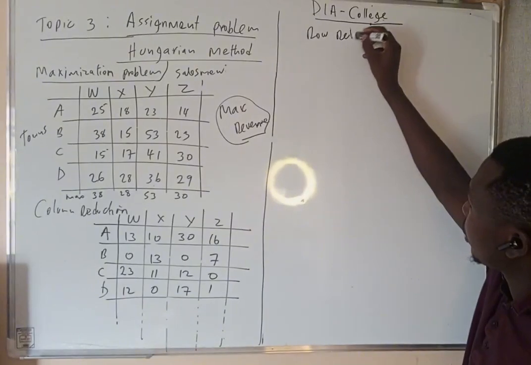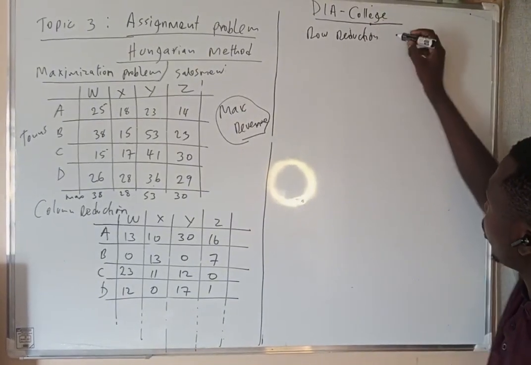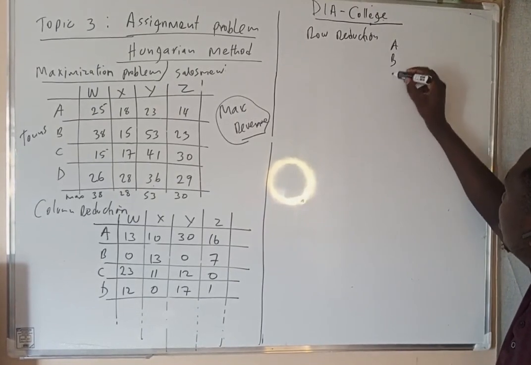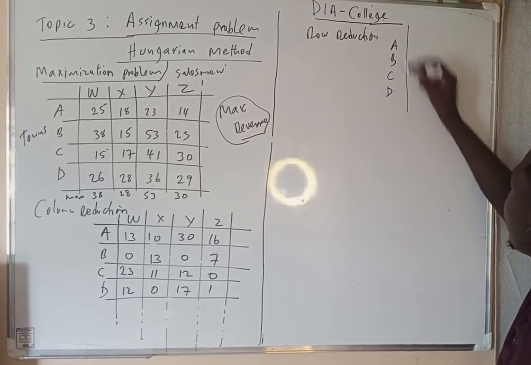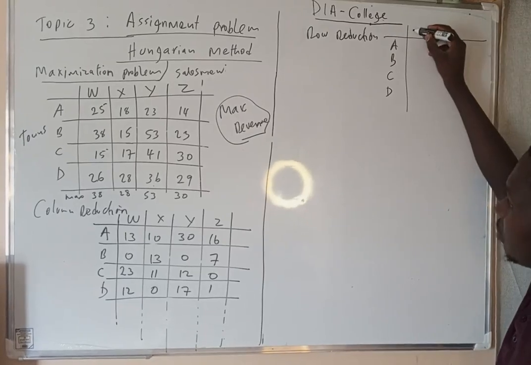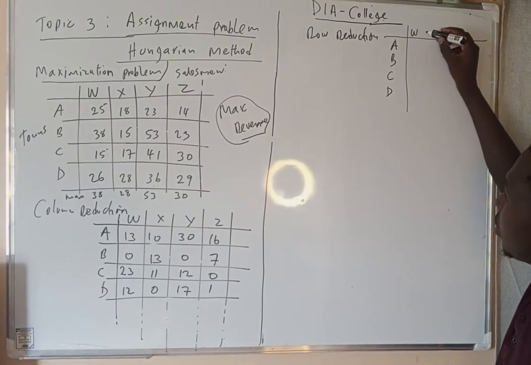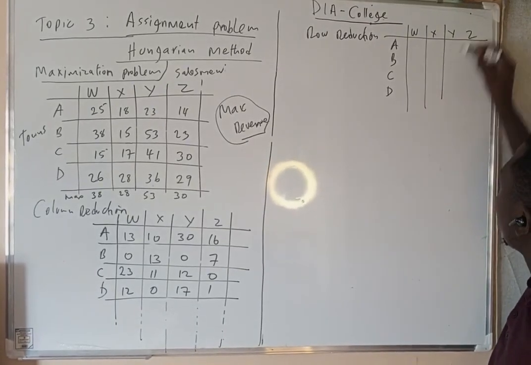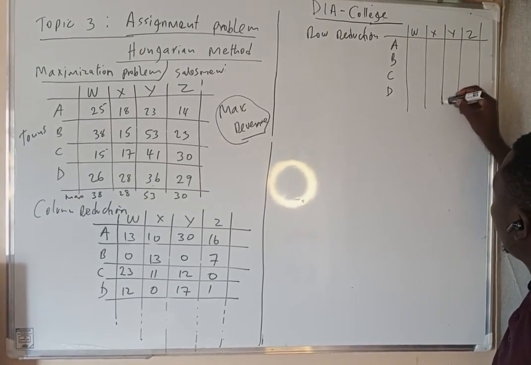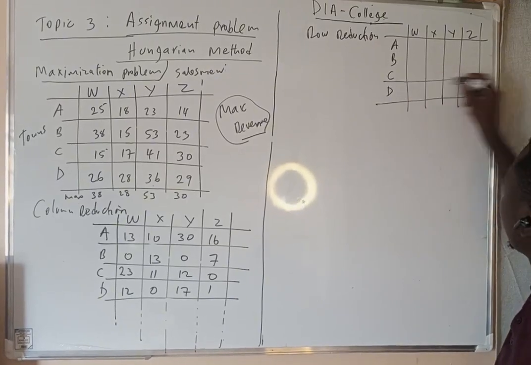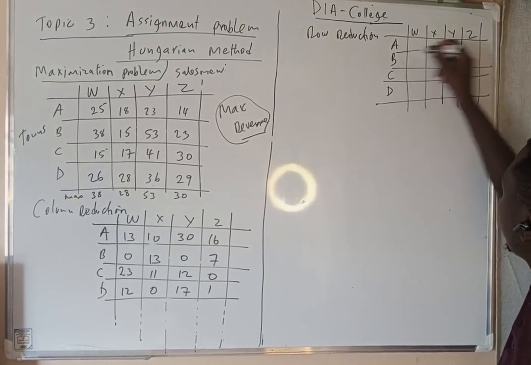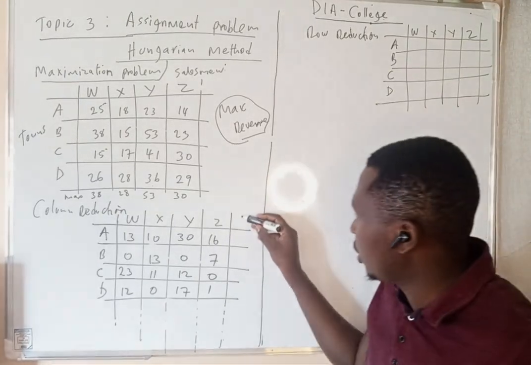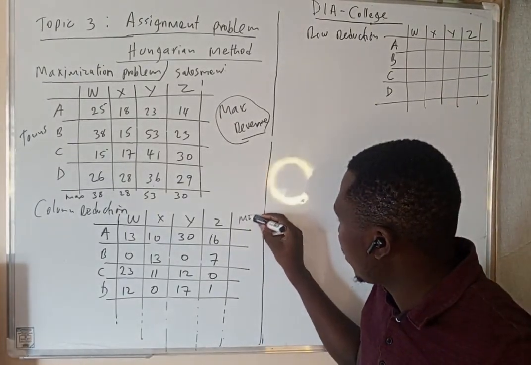I'm going to draw a new matrix with A, B, C, D and W, X, Y, Z. This is my new matrix. In this case, I'm going to identify the minimum value in each row.